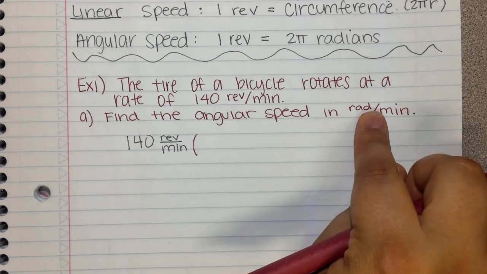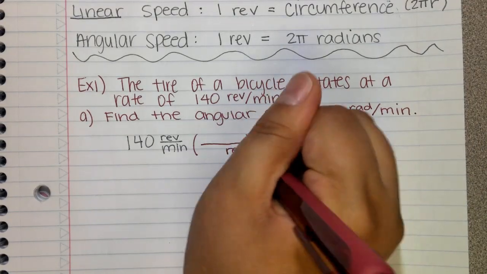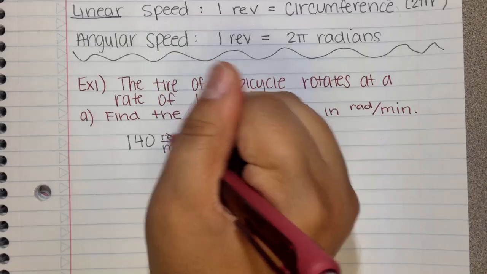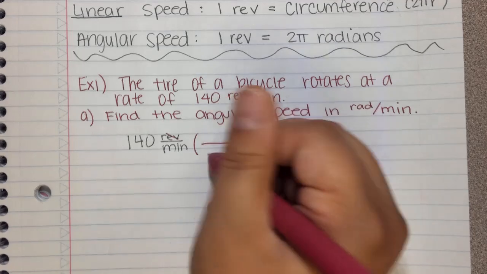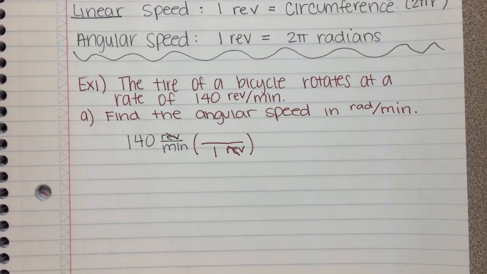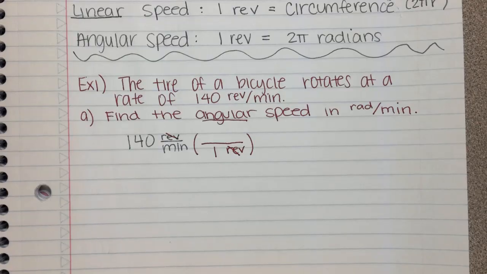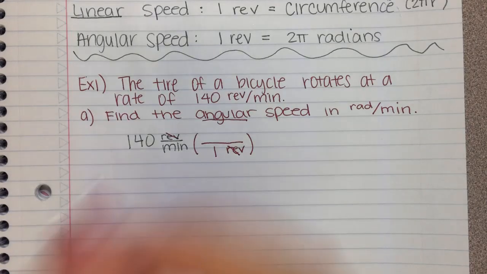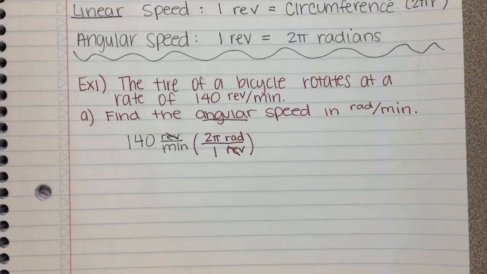No, I want radians up top. So I am going to put revolutions on the bottom so that they cancel out. And it's always going to be 1 revolution. So 1 revolution is what? For angular speed, 1 revolution is 2 pi radians. Now do I have radians up top? Yeah. So what is my answer here?